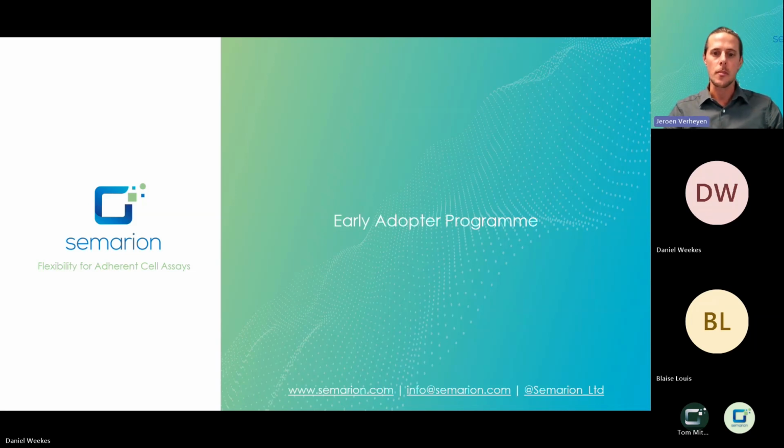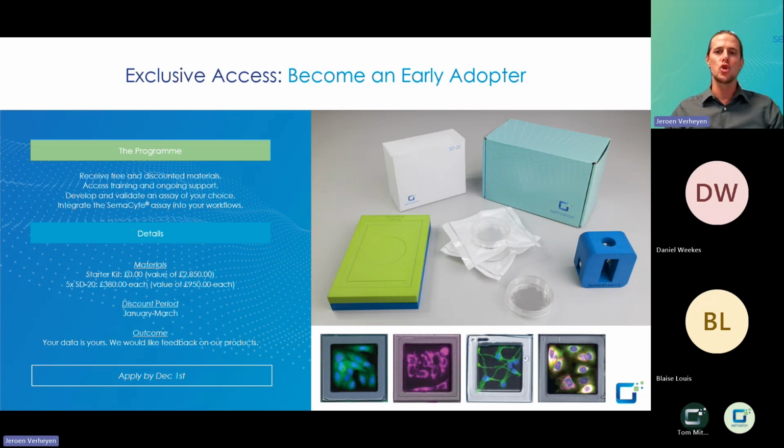The program gives you access to SemaCyte materials. Essentially, we give a free starter kit and discounted SemaCyte seeding dishes at a 60% discount. We're doing that for the period of January to March. We ask people to apply for this program by December 1st.